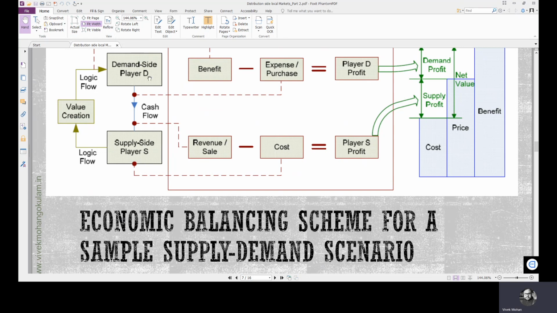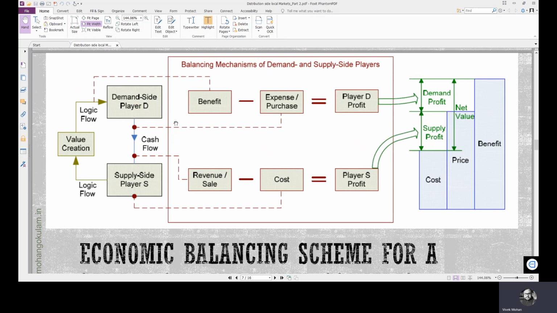Similar to this, we have a demand side player D also. He has benefit out of the energy received by him. The energy received by him will be used for different purposes. So based on that, he has a value for that energy, out of which he gets some benefits. So if this can be quantified in terms of money, then we can represent it in terms of currency, in rupees or dollars, maybe by using utility functions or some other approach.